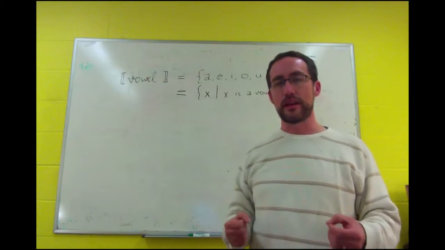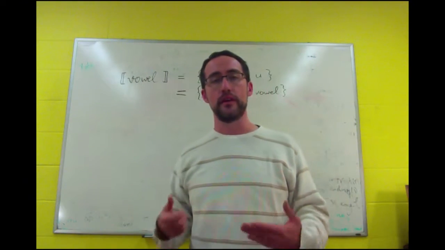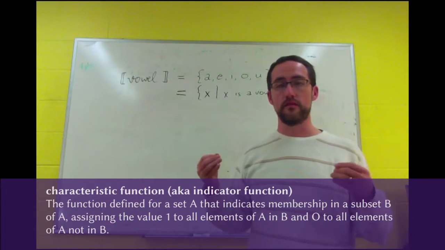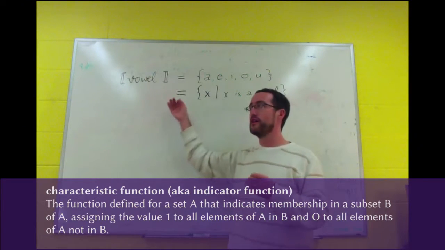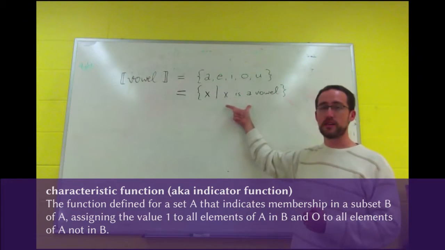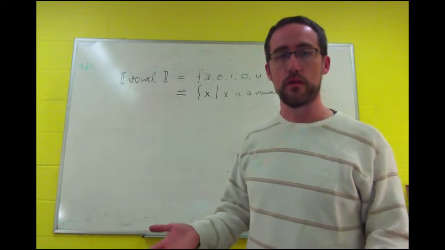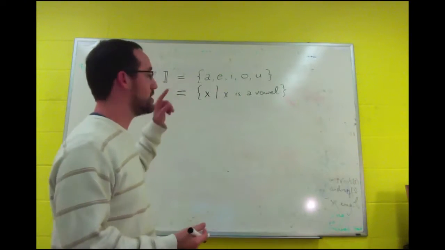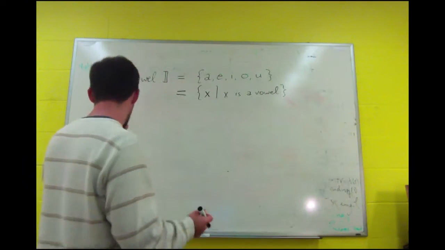Well, this is where the characteristic function comes in. Because for any property, there is at least one characteristic function, and it's going to be the function from whatever domain you have to exactly the objects in the set. So for instance with vowel, we will take a function that takes perhaps all the letters, and it will get us just A, E, I, O, and U. So how does it do that?